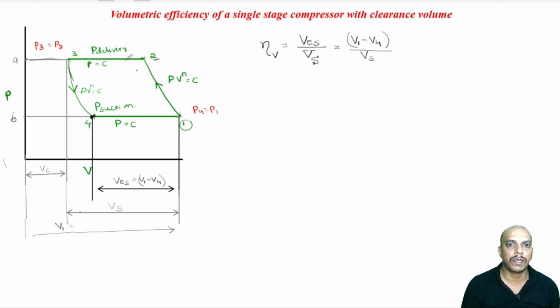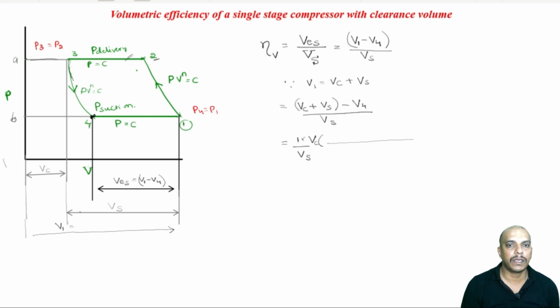V1 can be written as Vc plus Vs. So Vc plus Vs is written in place of V1, minus V4, divided by Vs. Now I will take 1 by Vs common out here, and in the numerator I will take Vc as common.